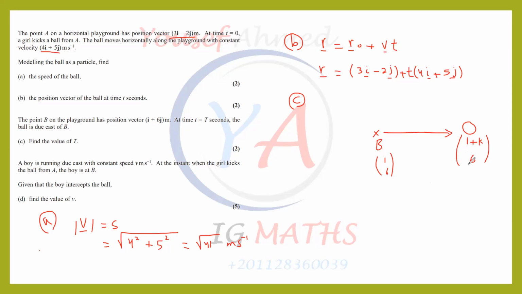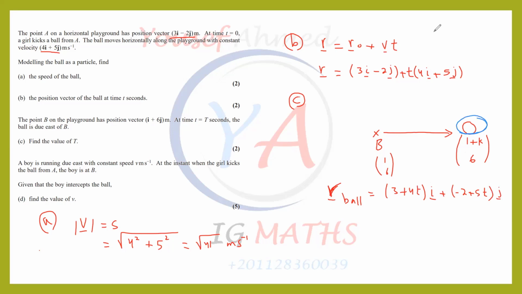So you can equate the j component of the position vector of the ball. The position vector of the ball can be written as 3 plus 4t in i added to negative 2 plus 5t in j. So now this is the new position vector for the ball.